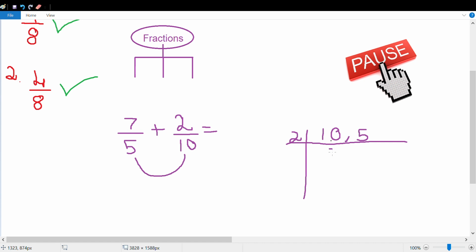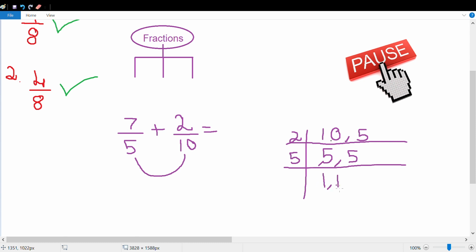So we'll put 2. 2 into what gives you 10? 2 into 5 gives you 10. So we need to write 5 here. And the 5 remains itself because the 2 doesn't go into 5. Now we can put 5 here because all the numbers are 5, and 5 is a prime number, so we can't divide it by any other number.